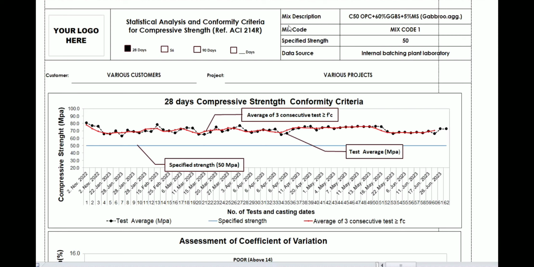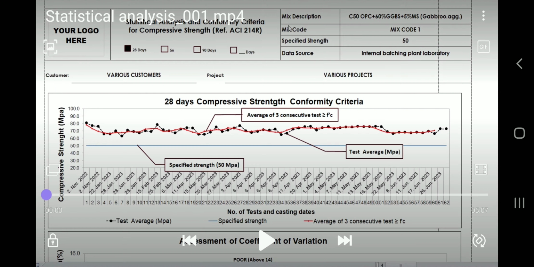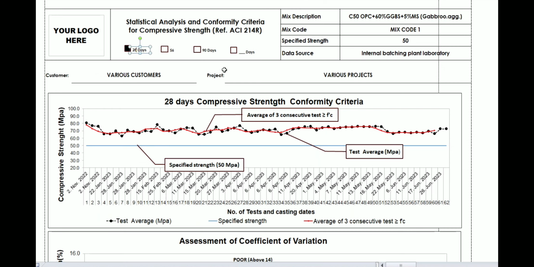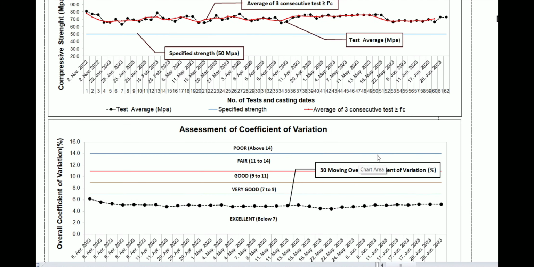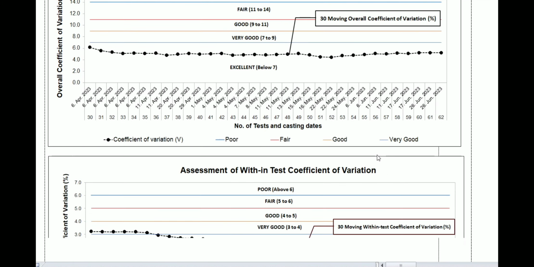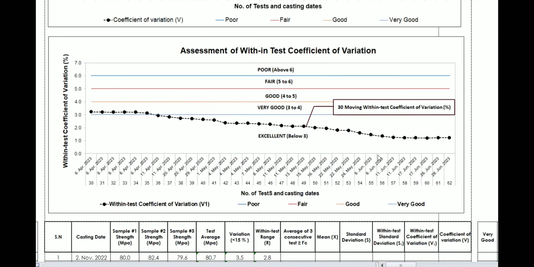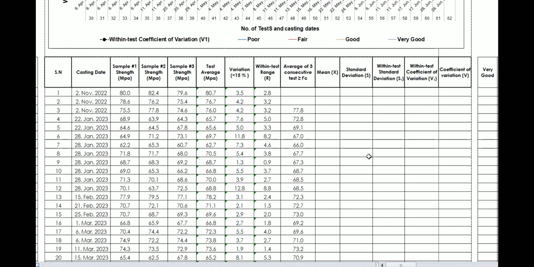This is the first table, very simple but informative, and you can easily judge the degree of control being done in this plant. Moving forward, I use the second table for the assessment of coefficient of variation, and the third one is the assessment for within test coefficient of variation.